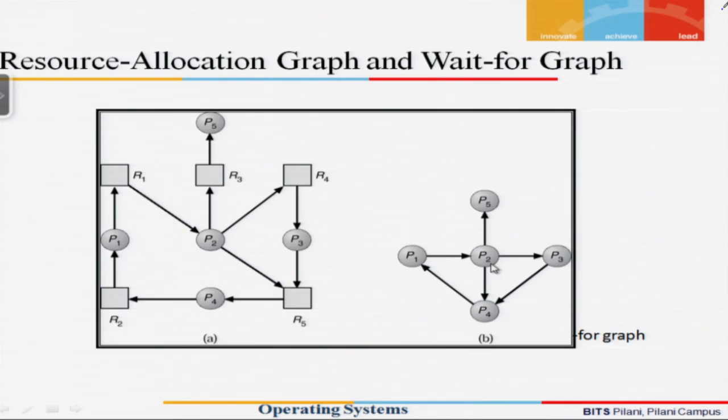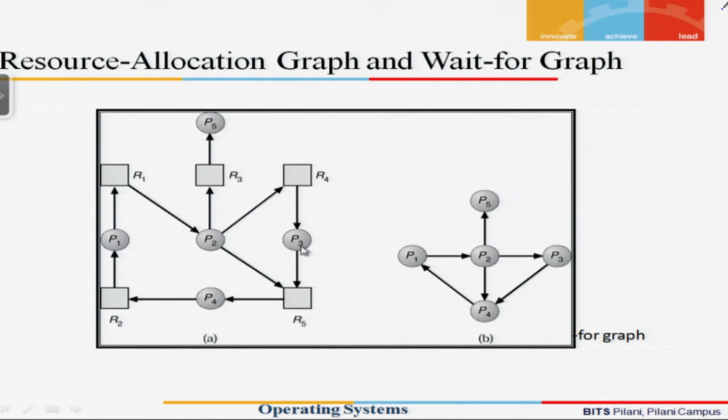So P1 to P2. Similarly, let us see that P2 is making a request for R3 which is held by P3. So we can say P2 is waiting for P3. So we draw a line between P2 and P3. In the same way, we can say that P3 is making a request for a resource type R5, which is held by P4.